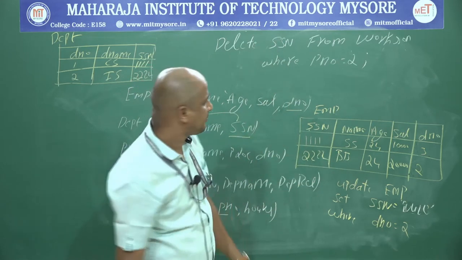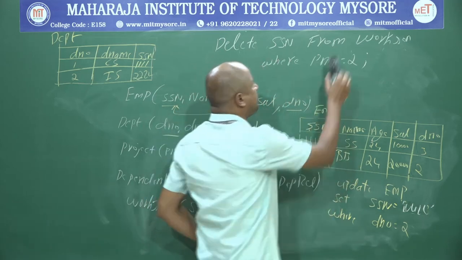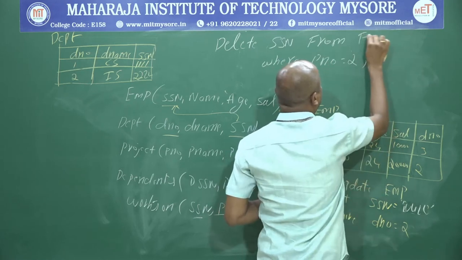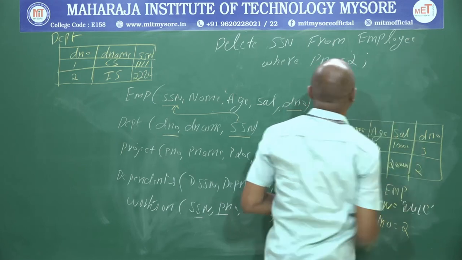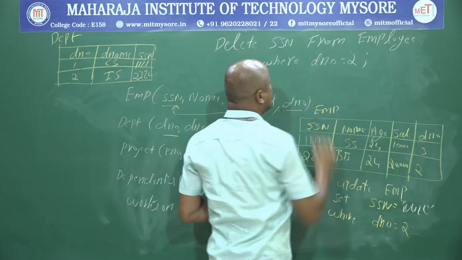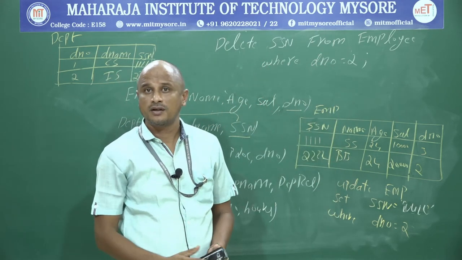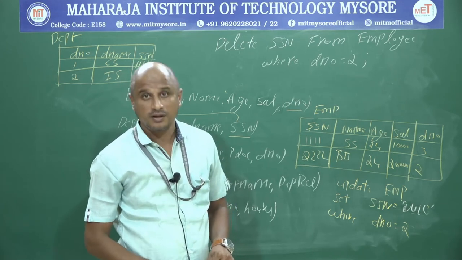It works well. Okay. So now if I say delete SSN from employee where D number is equal to 2. Is it possible?